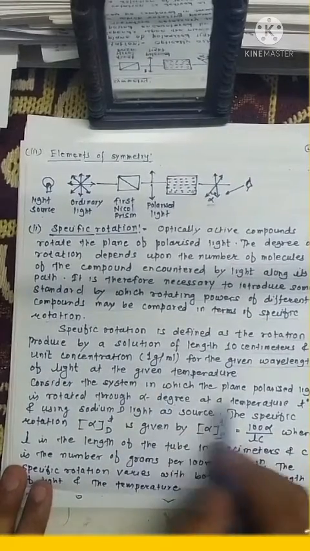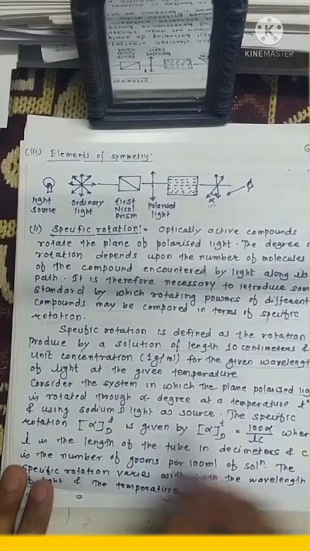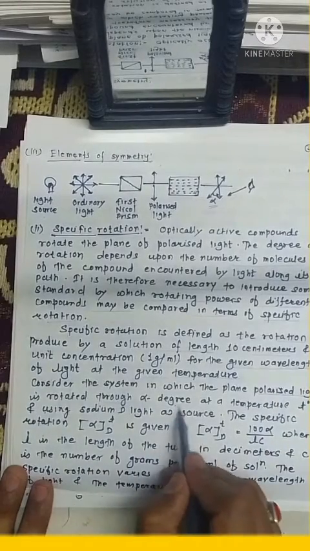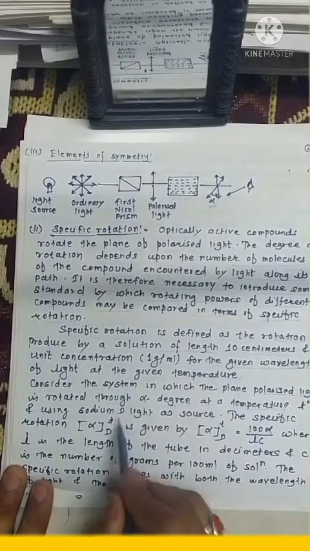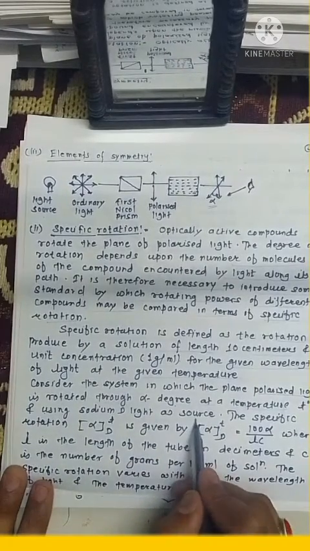Consider a sample in which plane polarized light is rotated through alpha degrees at a temperature T degrees centigrade, using sodium D light as a source.